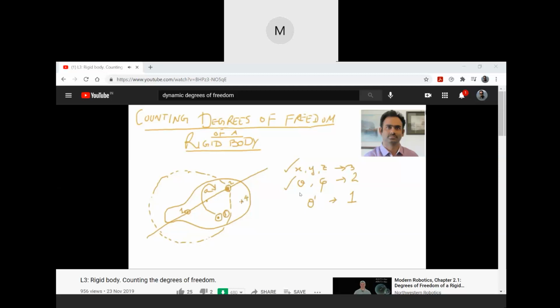Once all the 3 points which we have taken here, 1, 2, 3, are fixed, there's nothing you can do to change the positions of other particles. It's all rigidly fixed now because the distances are all fixed. And from this counting, you clearly see that you have a total of 3 plus 2 plus 1, 6 degrees of freedom.